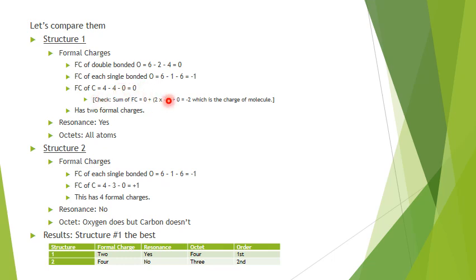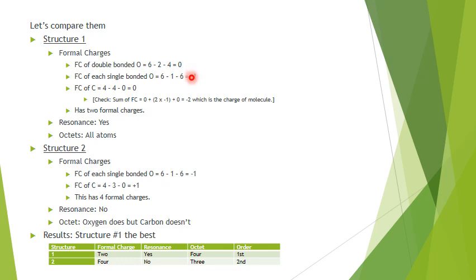Now, here's the example. If you sum up the formal charges, so 0, and there's 2 of these, so it's -1 plus -1 plus 0. So the sum of the formal charge is -2, and that's the charge on the molecule, -2. Okay, so this is just a check. Right, so this has 2 formal charges, -1, -1.